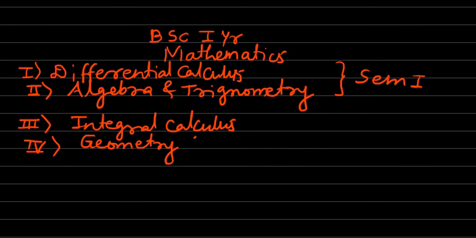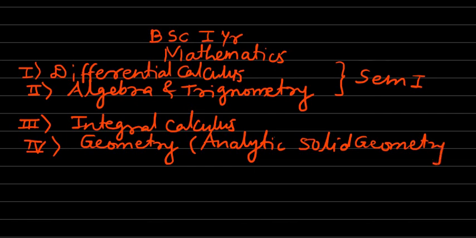This geometry can also be called Analytical Solid Geometry, as in this paper we are going to study three-dimensional geometry, so it is also called solid geometry. These two papers, paper number 3 and paper number 4, are for semester second.